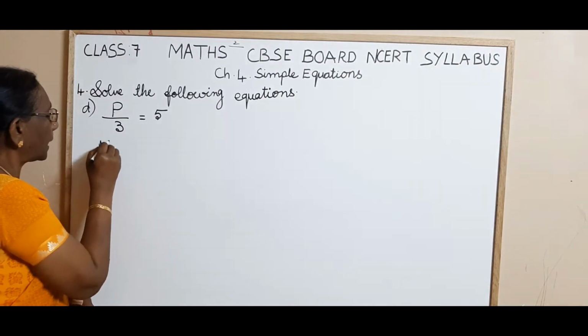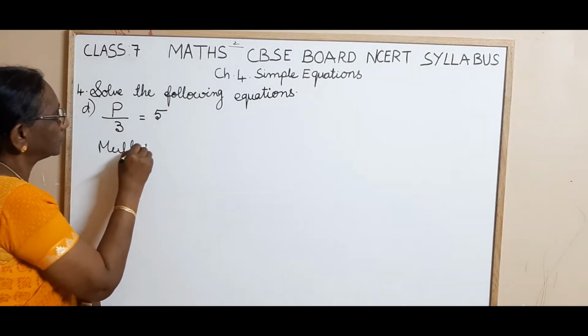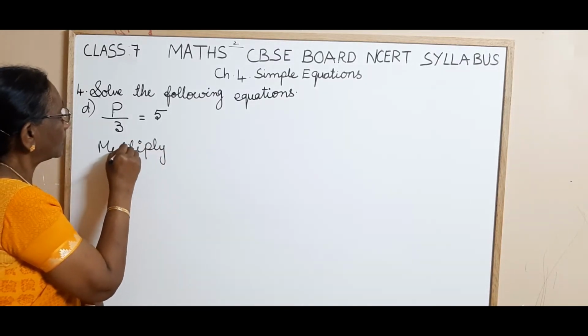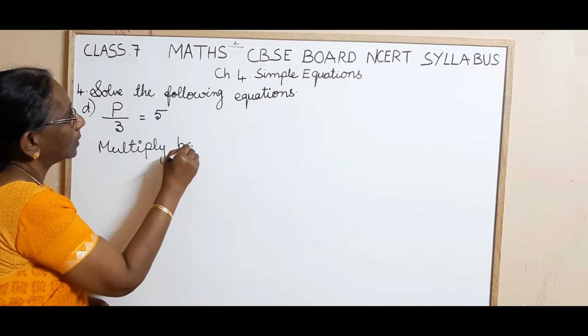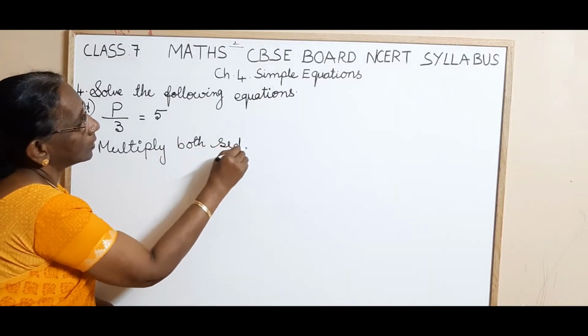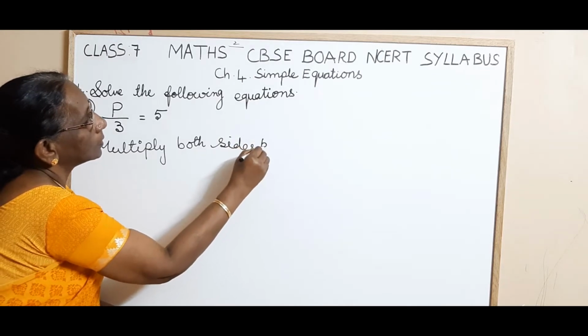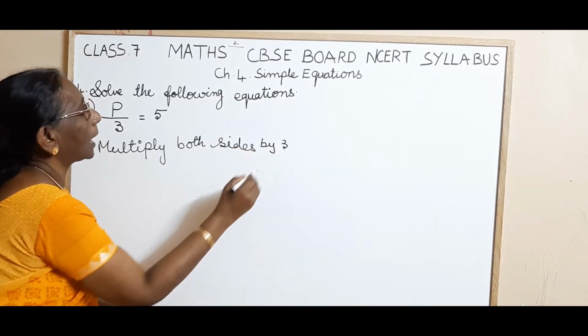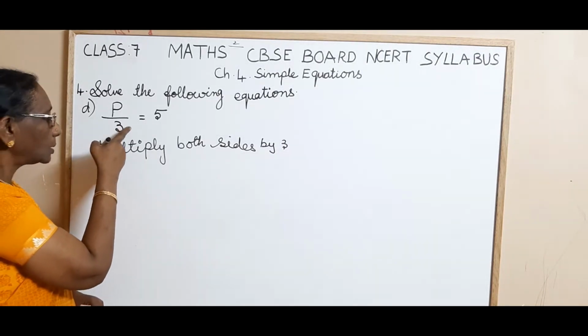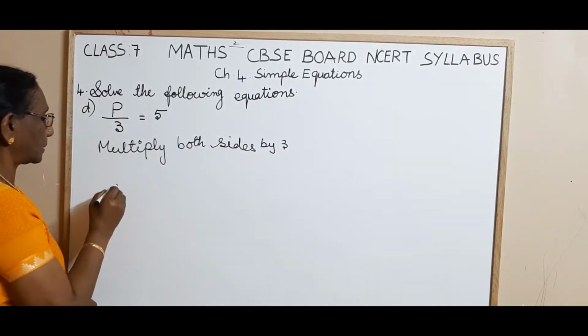So multiply both sides by 3. Why? Because we have to eliminate the denominator 3, in other words, the divisor.